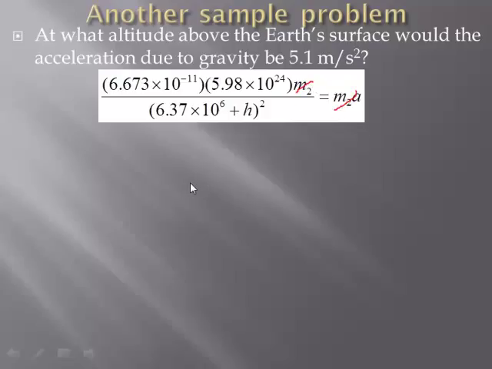So I'm going to do a couple things here. I'm going to multiply these two together to get 3.99 times 10 to the 14th. And then I'm going to multiply both sides by this so I can get this on the numerator rather than the denominator. And then A will be equal to 5.1. So I'm going to plug in 5.1 for A.